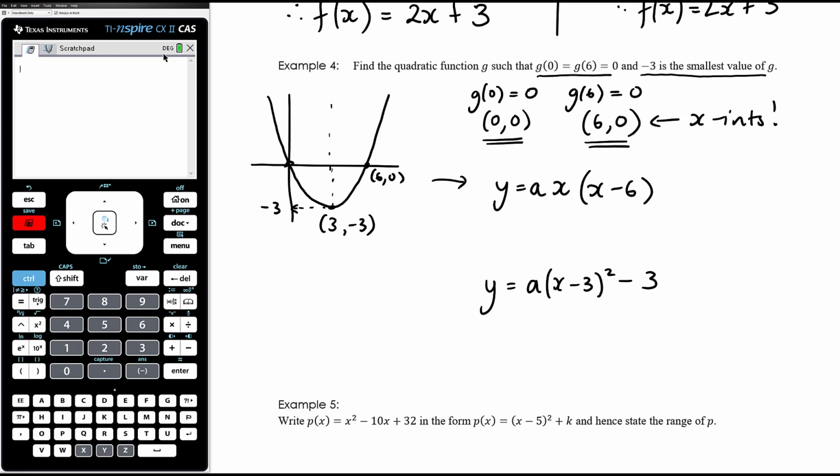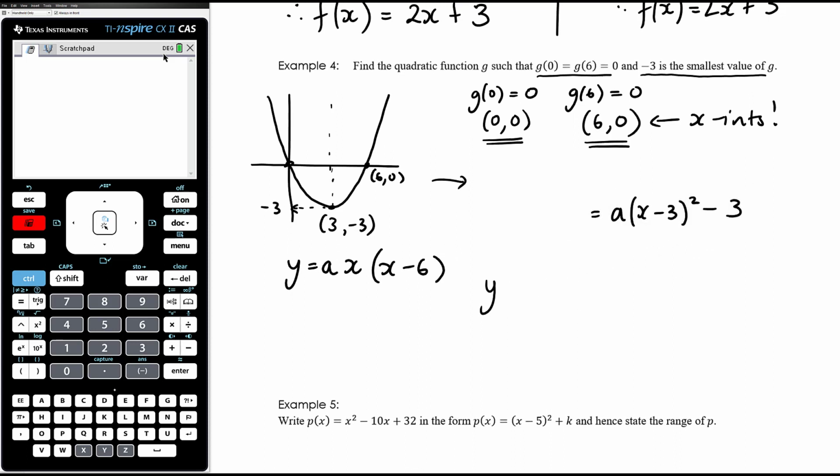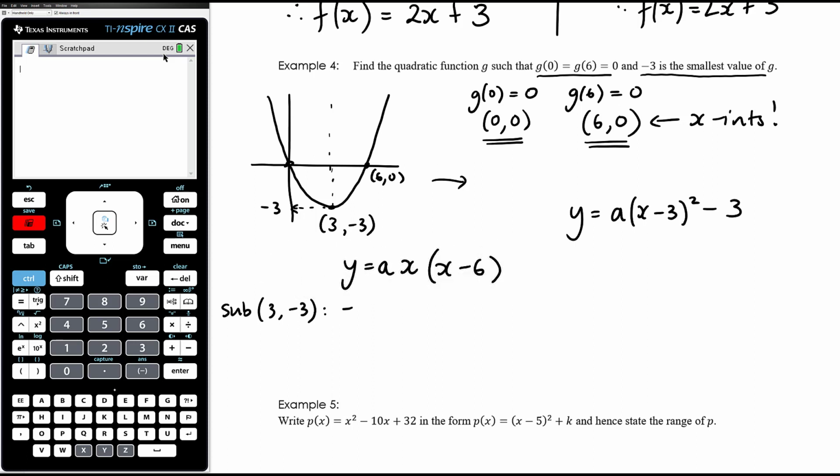Let's just take this one over here and this one up over here. Oops, lost the y. Okay, so let's sub (3, -3). Just going to move that over so we've got room. So y equals -3 when x equals 3.